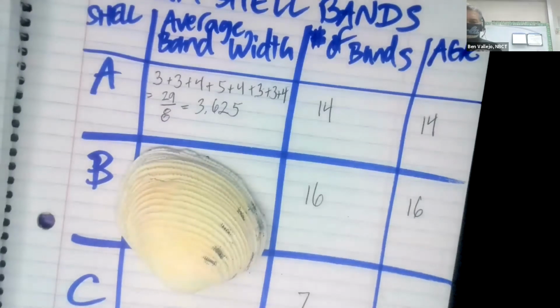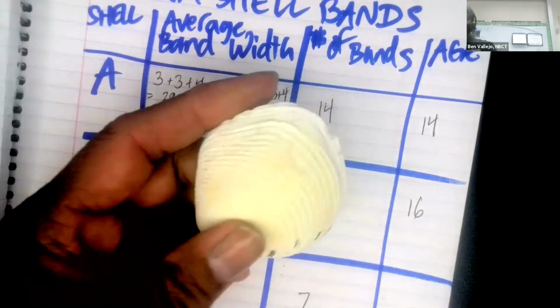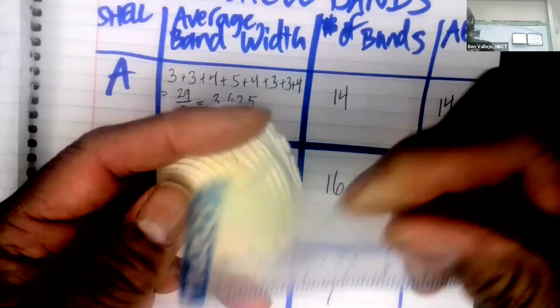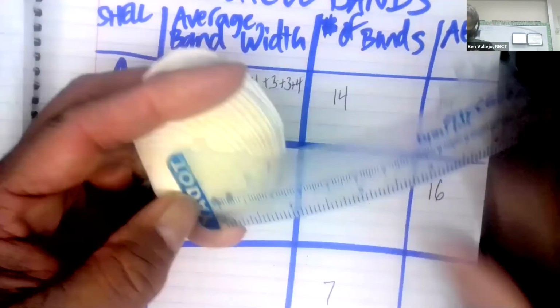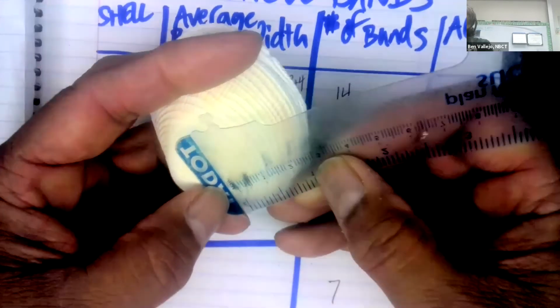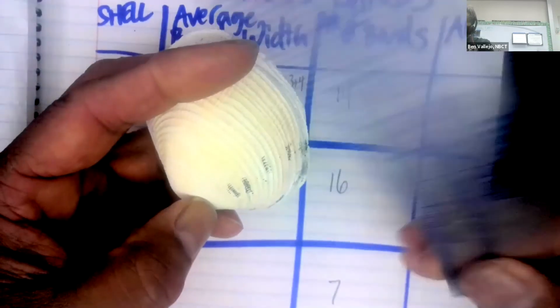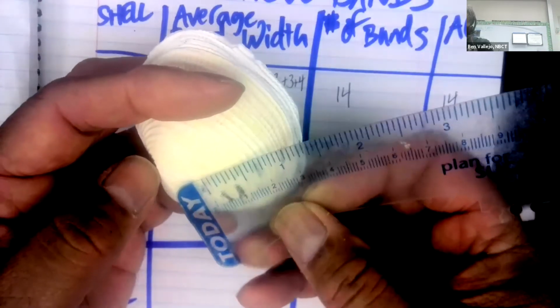So let's take a look at the size of those right there. I can get all 6 of those other smaller bands. Let's see, so we can see the numbers.